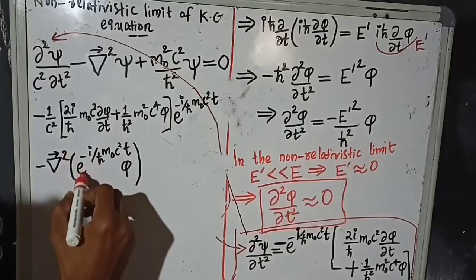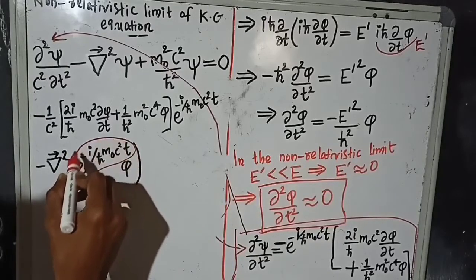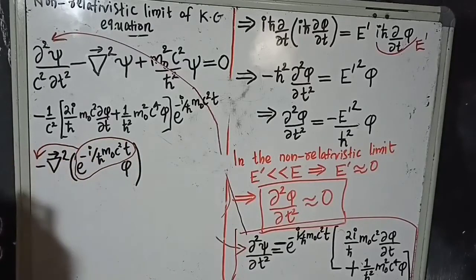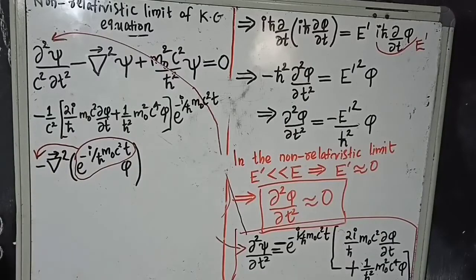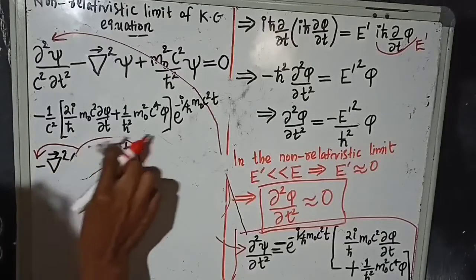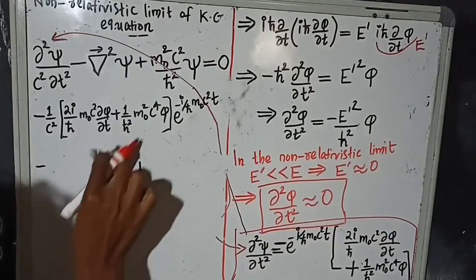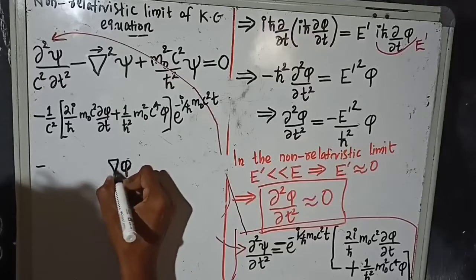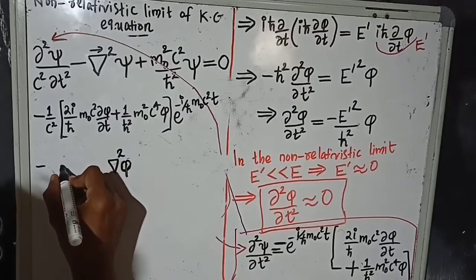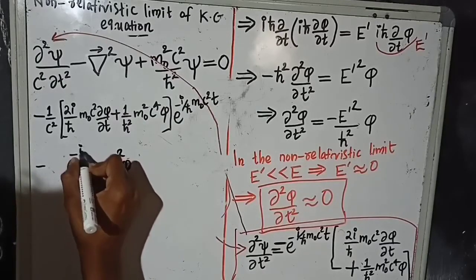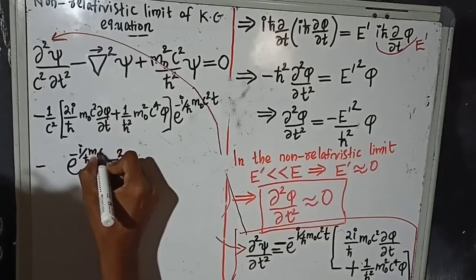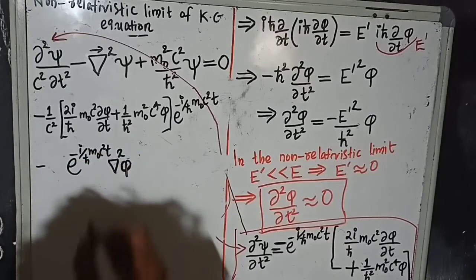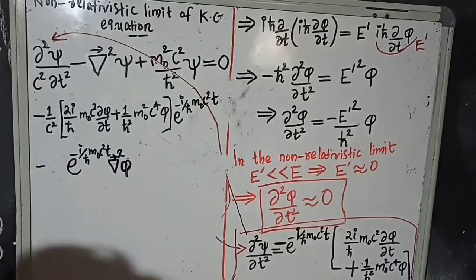So you can take this time dependent part outside the operator. So we can write this as ∇²φ e to the power minus i/ħ m0 c² t. Let me give a vector symbol over this del to denote it's a spatial operator.